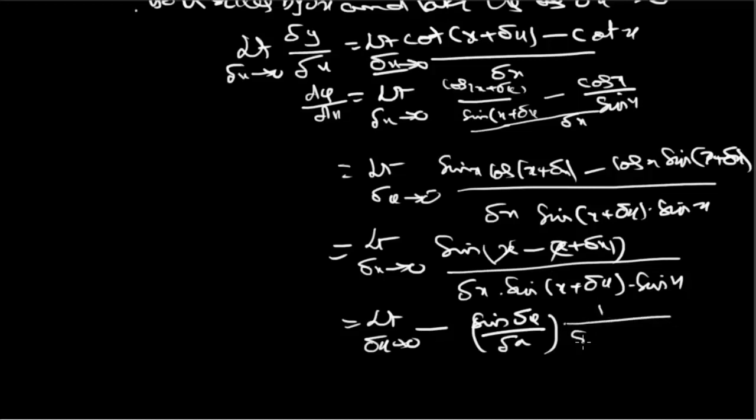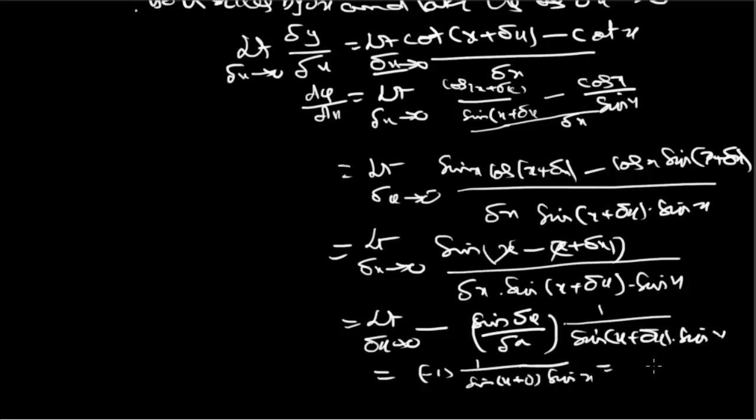Now the equation is balanced. Sin of x plus delta x into sin x. So the thing here in the bracket, sin theta by theta, theta tending to 0 is 1. So minus 1 into the rest of the thing, delta x is equal to 0. Sin of x plus 0 into sin x.